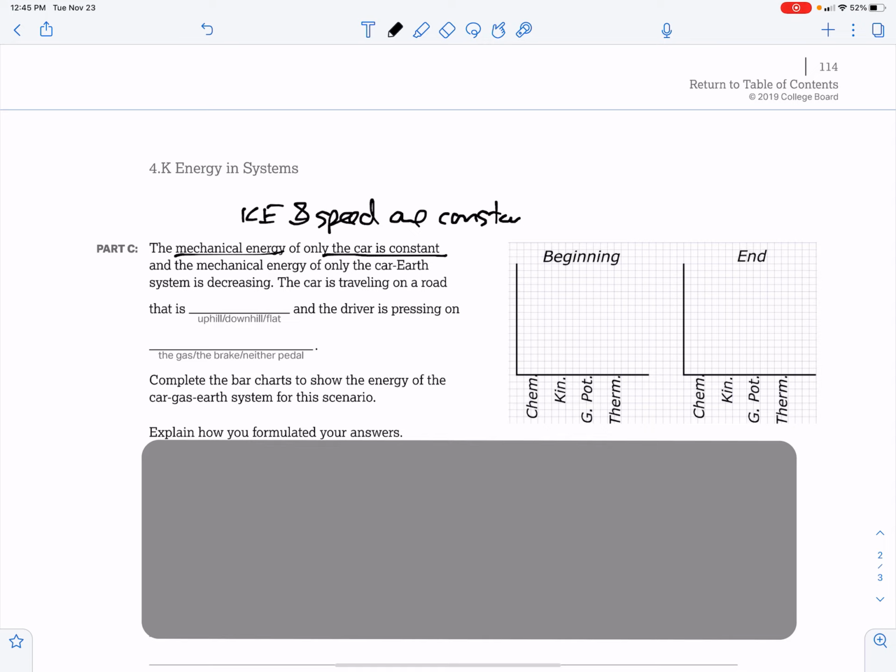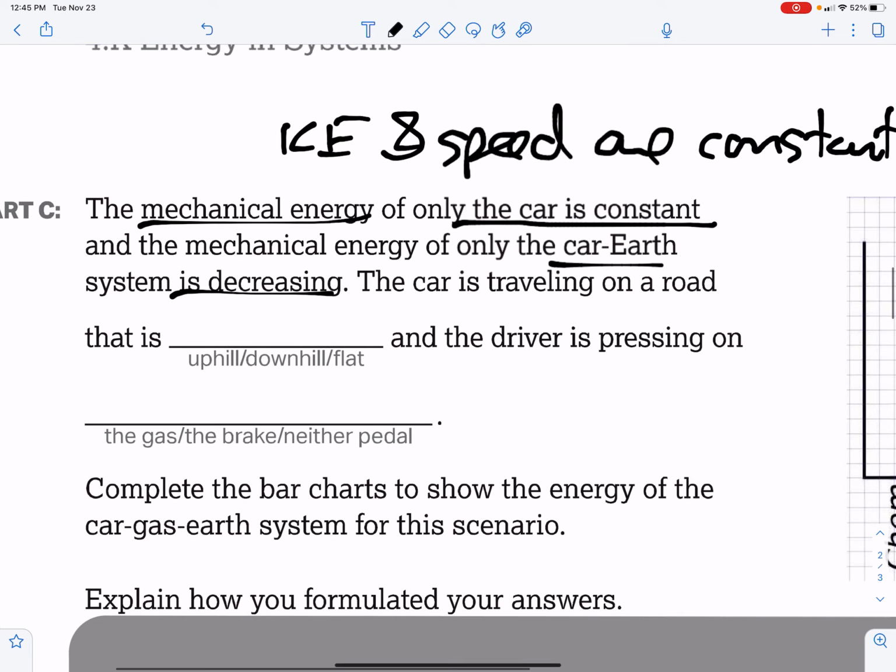I'm just writing notes to myself to help this make sense. And it says only the car Earth system is decreasing. So if the car Earth system is decreasing, but my speed is remaining the same, then a couple things could be happening here. One, I'm going downhill.